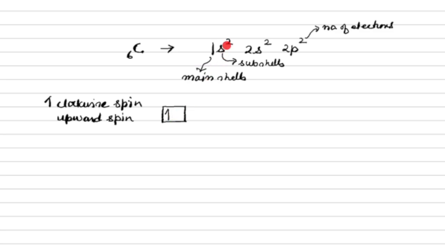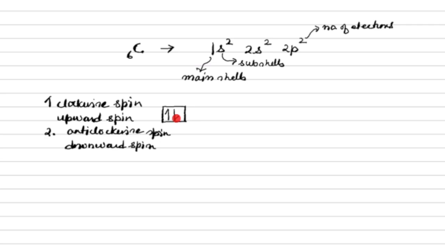Okay, the second electron will not be in the same direction. It will have opposite spin, right? Downward spin, or you will say anti-clockwise spin or counterclockwise spin, right? Or you can call it downward spin.